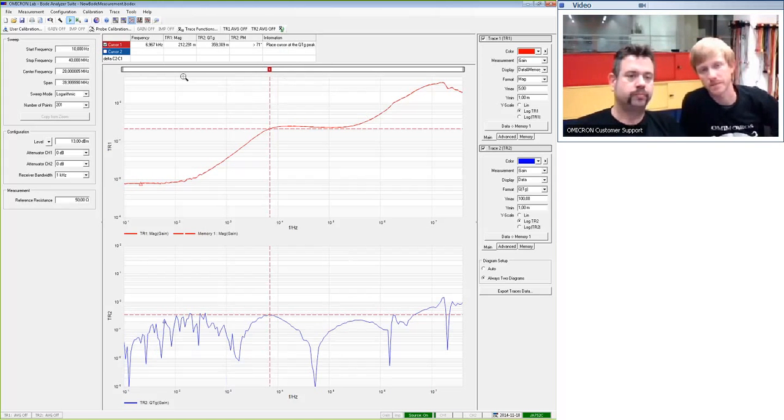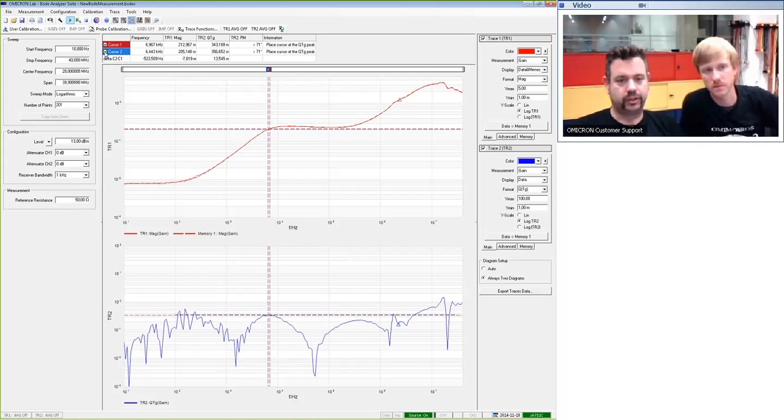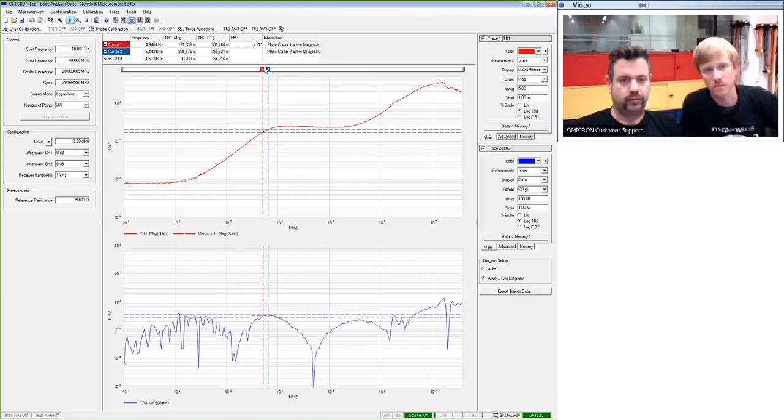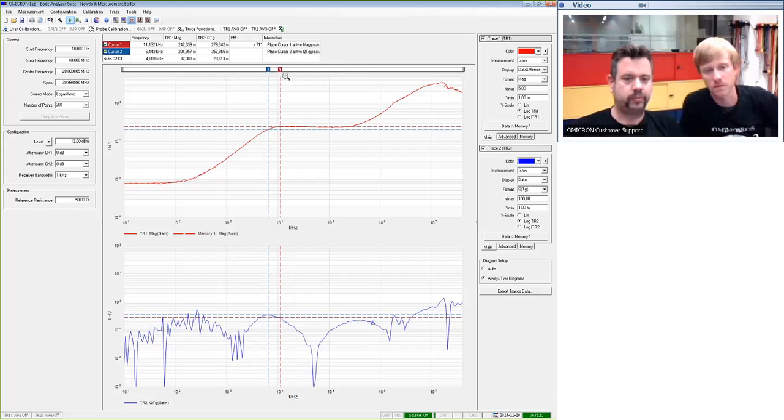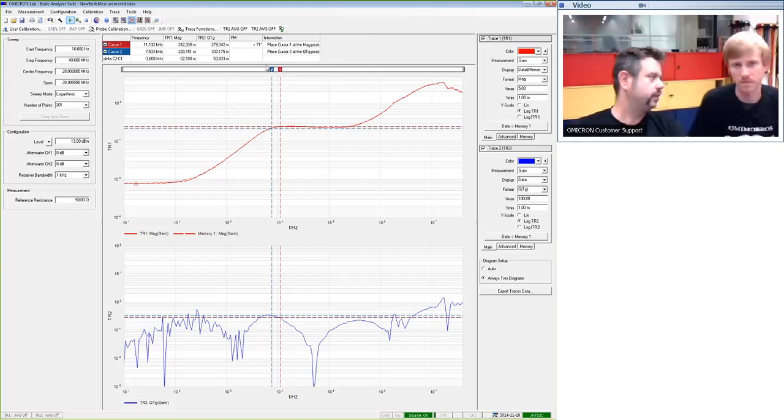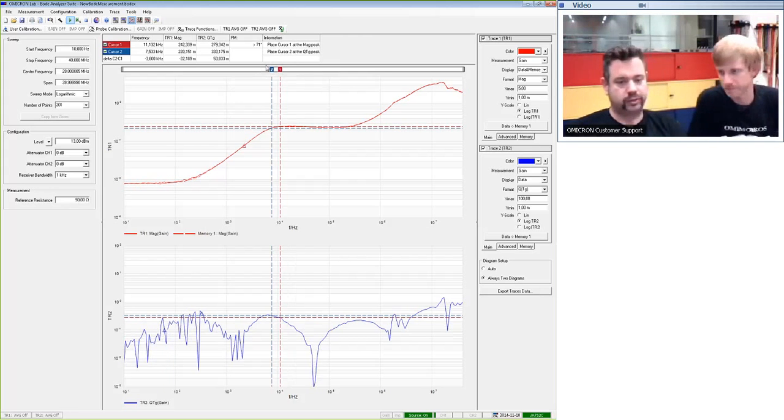And now if I activate the second cursor, I can switch to the two cursor method, the advanced method, and now I will first move number 1 to something where I think there might be the peak, and the other one again. Nevertheless, the reading also remains at bigger than 71 degrees, which is absolutely fine because this is what I measured.